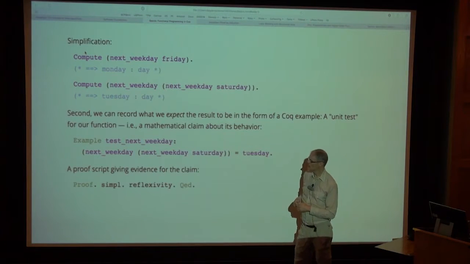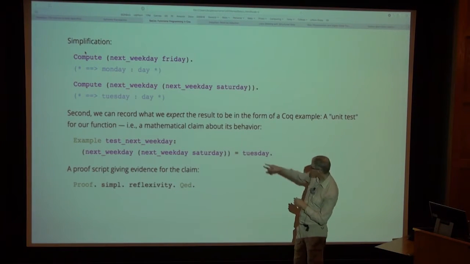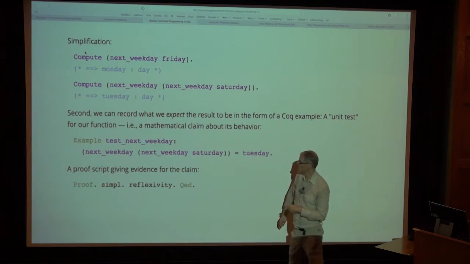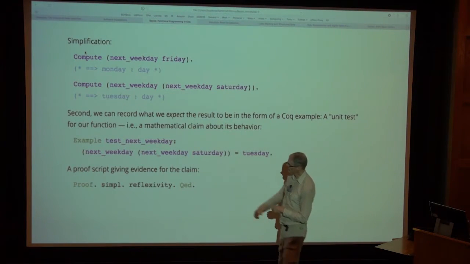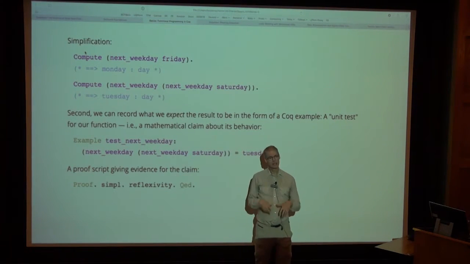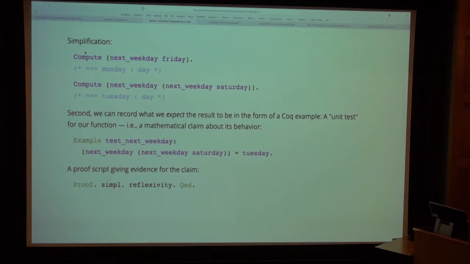In this case, it's a fact about equality between two computations. This is a kind of trivial computation. This one actually involves some simplification. And here is the proof of that fact as instructions to coq to do some simplification, and then notice that the two sides of an equality are the same.